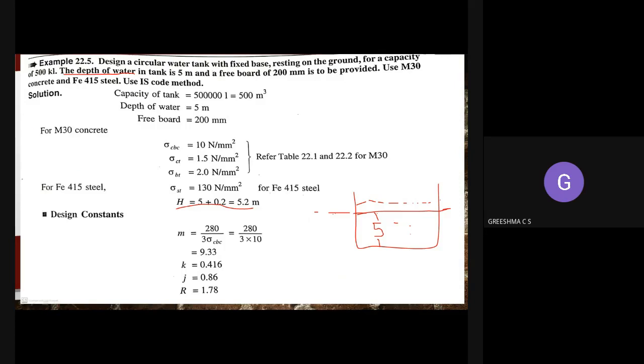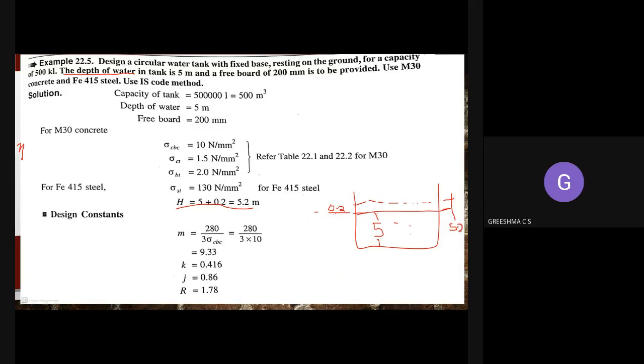So this is the freeboard over here. The freeboard is given as 0.2 meters, that is 200 mm. So the total height of the tank is 5 plus 0.2, that is 5.2 meters.